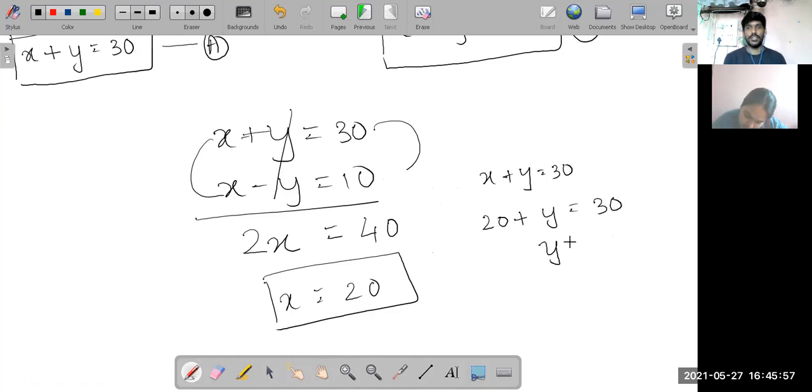We'll take 20 on the other side, it will become 30 minus 20. And that is 10.